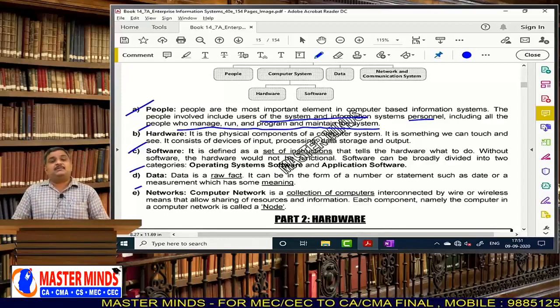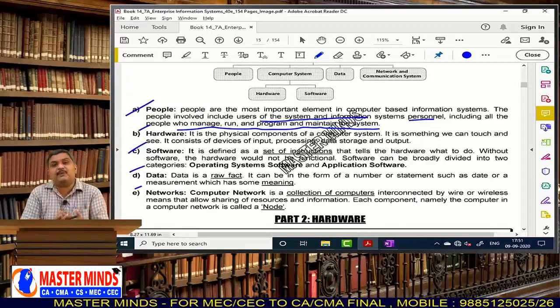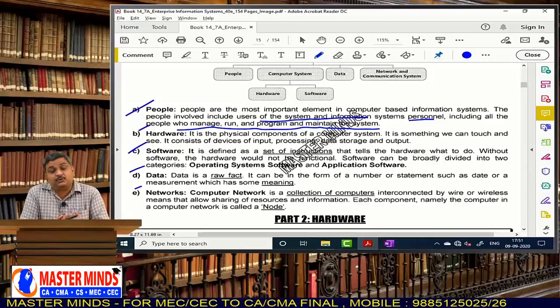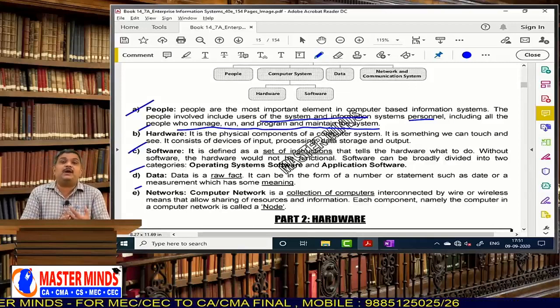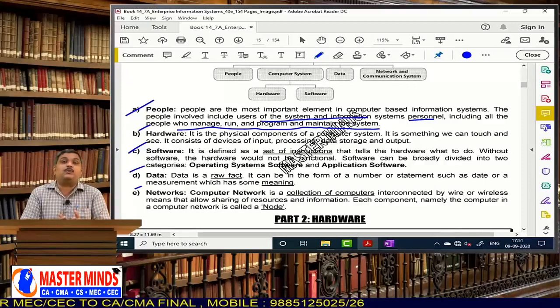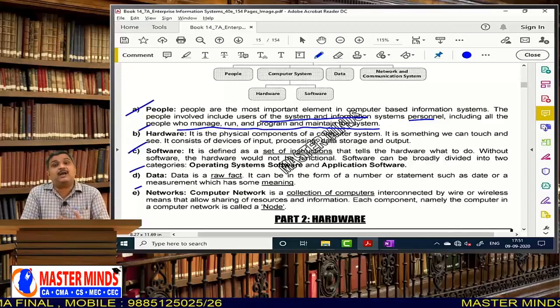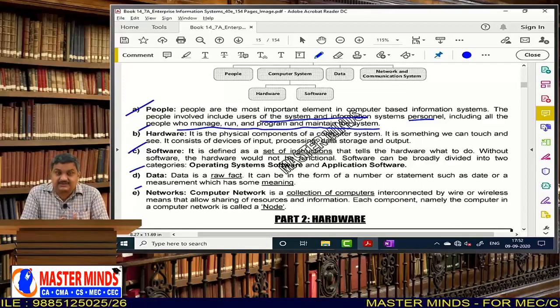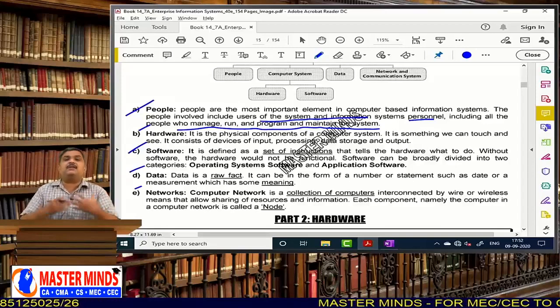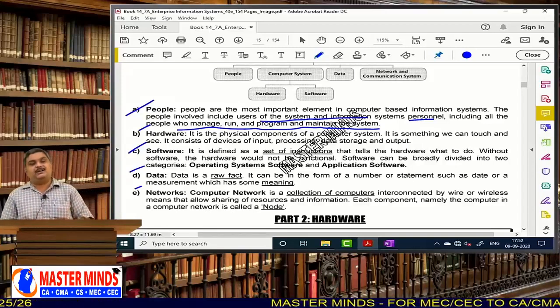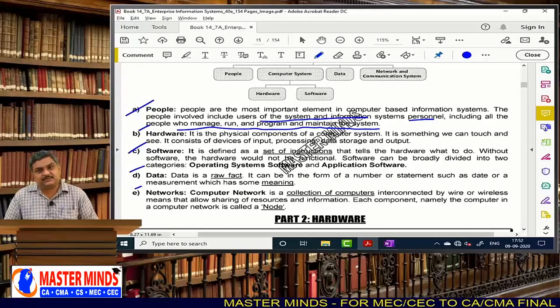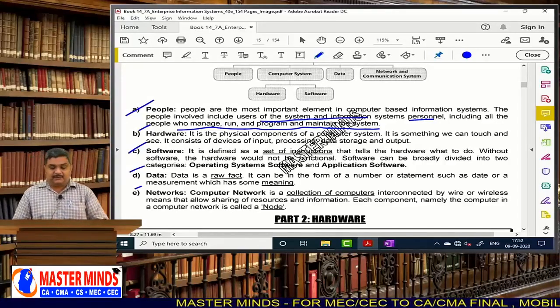Several types of people are required: programmers, data entry operators, network specialists, data scientists, database administrators, security personnel, ethical hackers. Several categories of people are required to set up an information system. That is the people component.